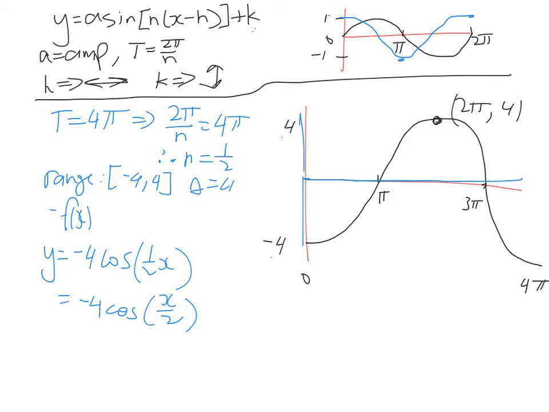If we look at moving our y-axis across a little bit to there, now it kind of looks like a sine graph. And we have a sine graph that has a phase shift.